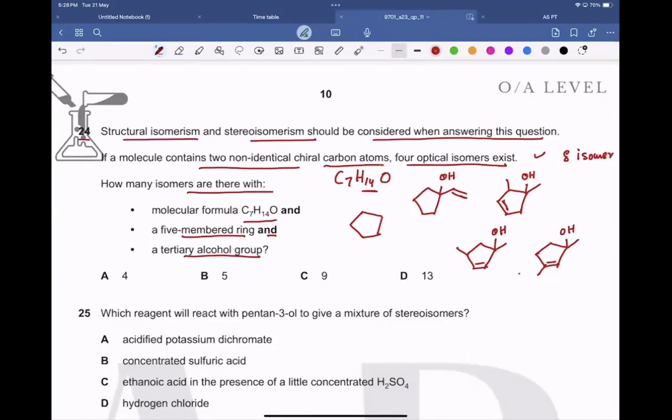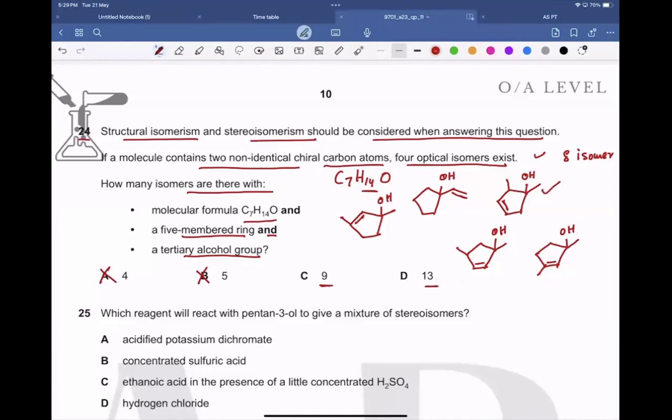So the other possibility will be this one. So this can be either, out of these two are not, cannot be.